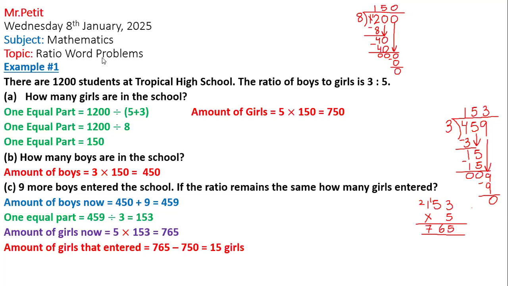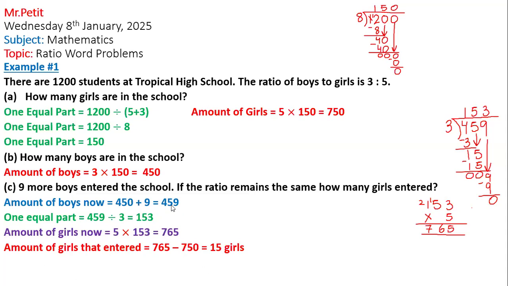Anyone else? Who could explain part C? I could. Okay, go ahead, Zion. Okay, so the question says 9 more boys entered the school. If the ratio remains the same, how many girls entered? So first we calculate the amount of boys now, which is you add 450 by 9, which would give you 459.